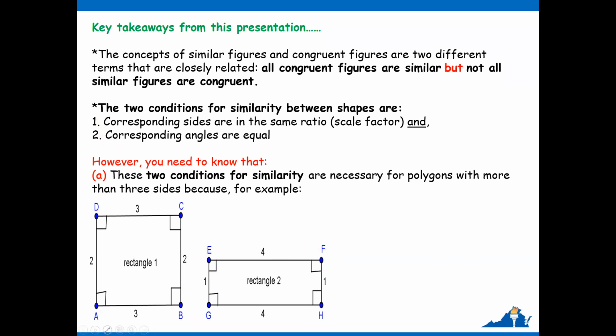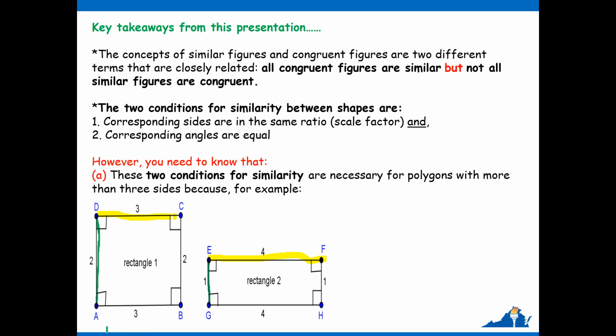So to start with, if I am to find the ratio that is side DC, which corresponds to side EF, right? Then thereafter, I have to find the side ratio of EG, which corresponds to AD, or DA.